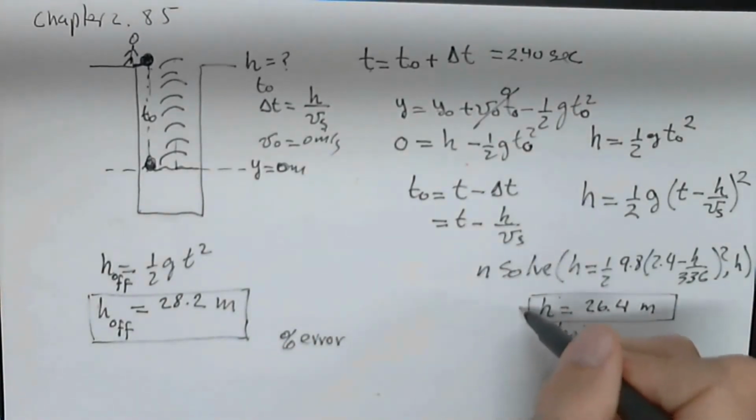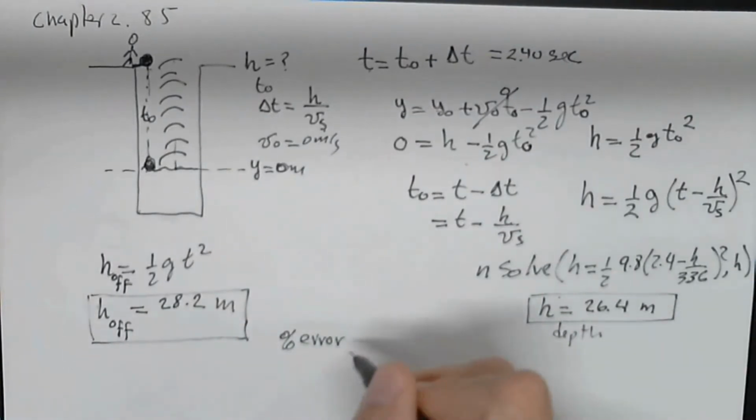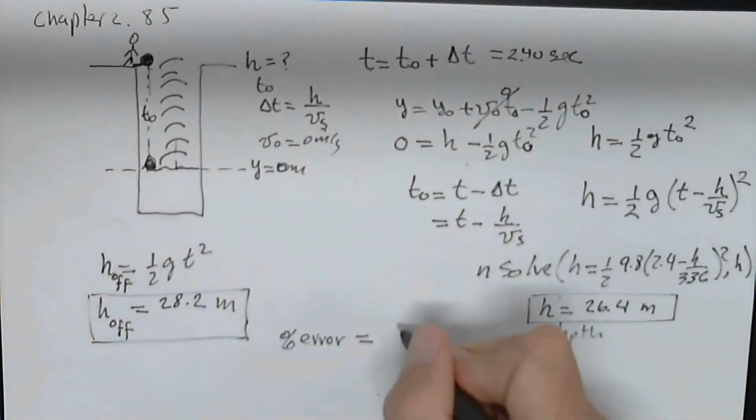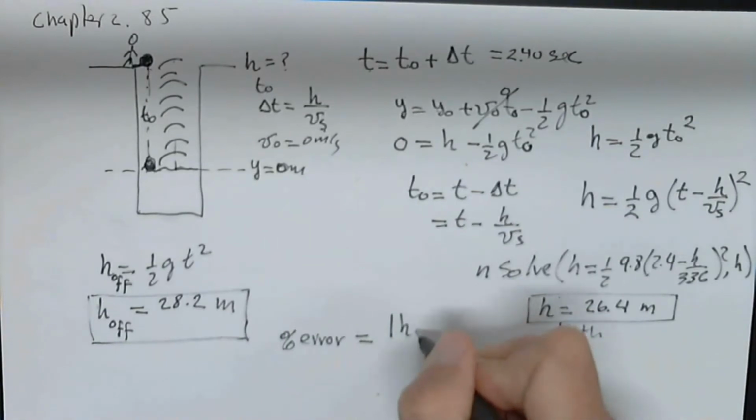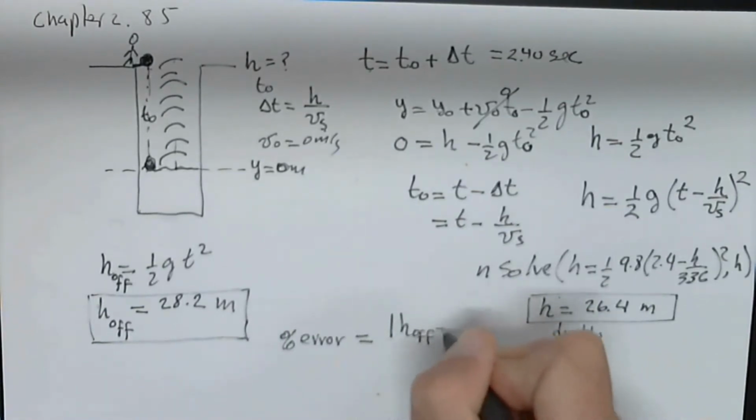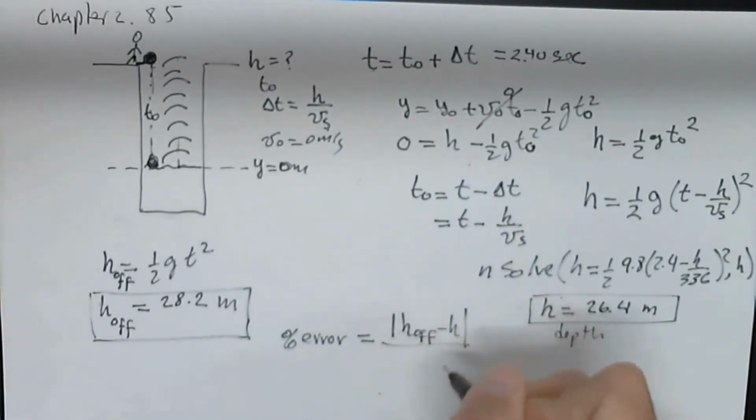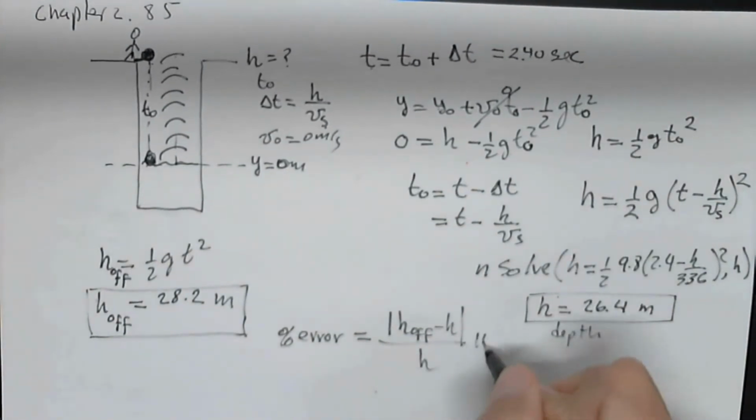This is question A. First one is H off minus H over H times 100.